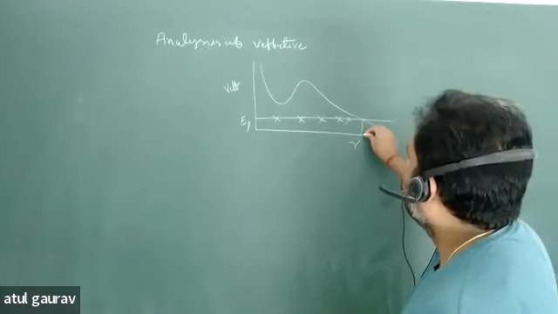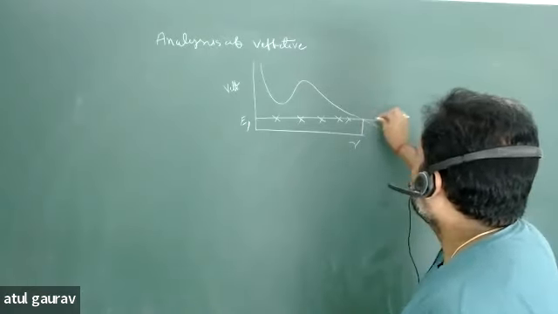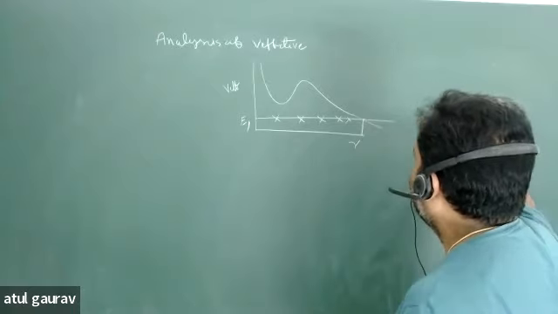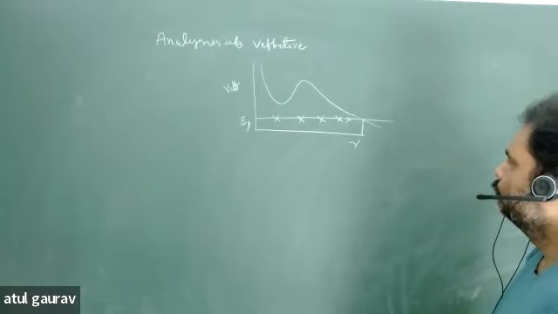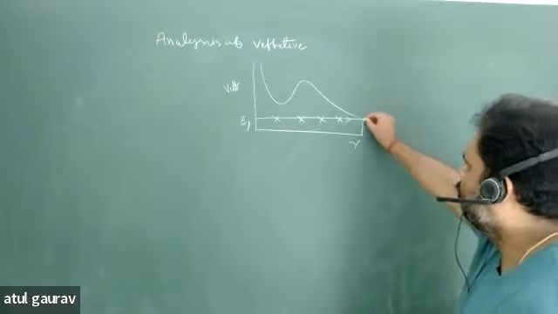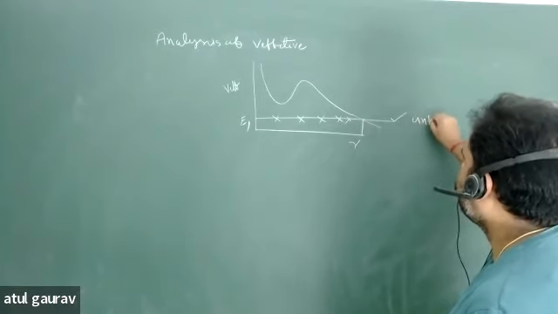This point is known as the turning point. So your particle will remain in this region. So is this bounded or unbounded? Just tell me. Unbounded. This region is unbounded.